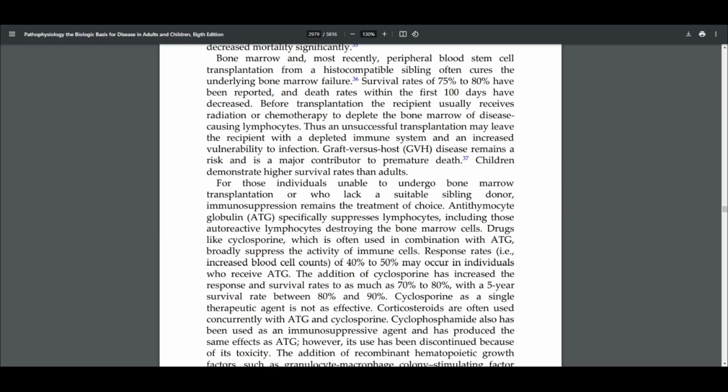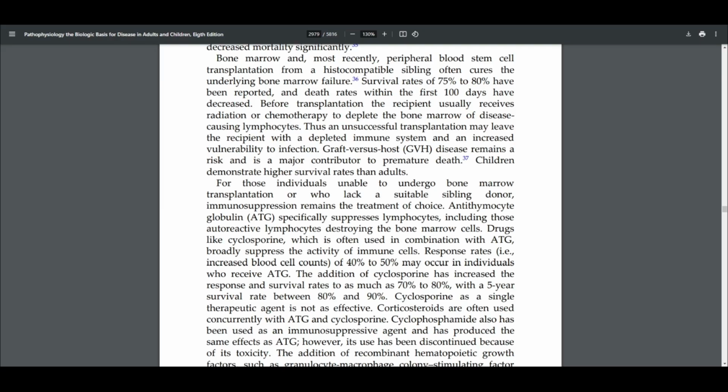Before transplantation, the recipient usually receives radiation or chemotherapy to deplete the bone marrow of disease-causing lymphocytes. Thus, an unsuccessful transplantation may leave the recipient with a depleted immune system and an increased vulnerability to infection. Graft versus host disease remains a risk and is a major contributor to premature death.